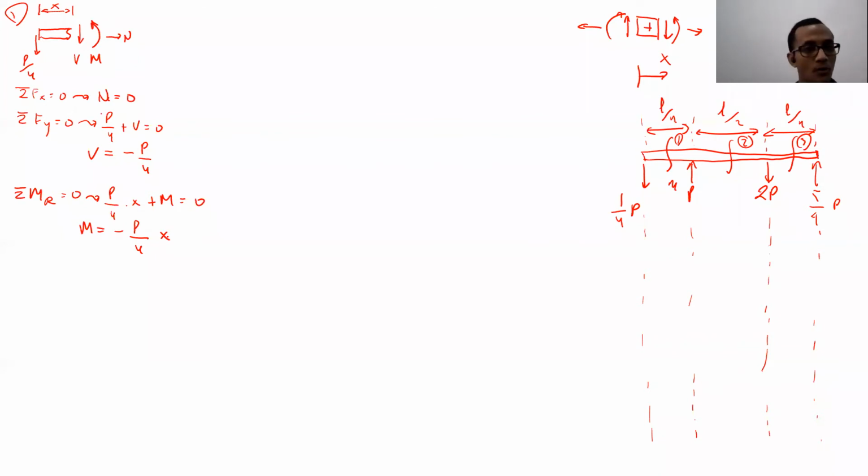Don't worry about the x, because it's in the shape of an equation. So the first equation here will work from x equal to 0 until x equal to L over 4.